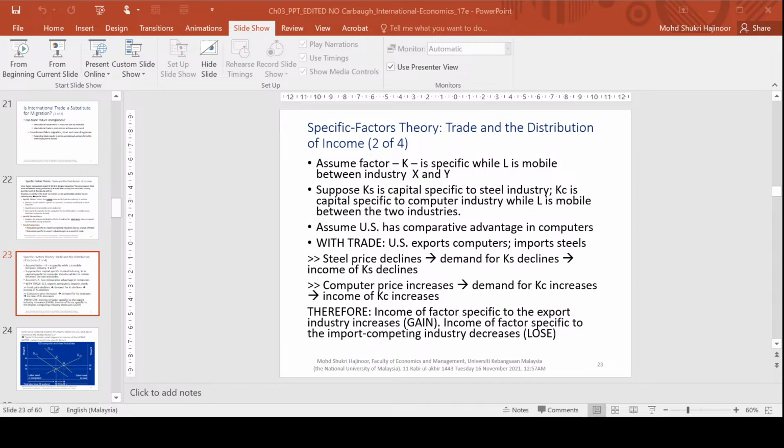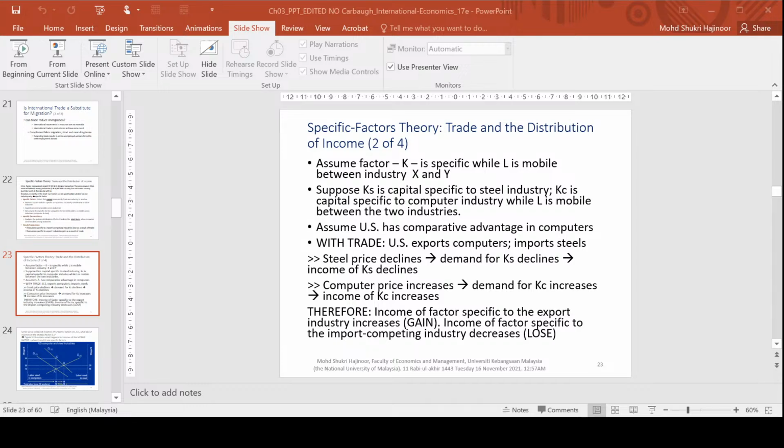Okay, we know the United States has comparative advantage in computers. We're going to see movement. More labor will be working in the computer industry. Why? The United States will produce more computers.